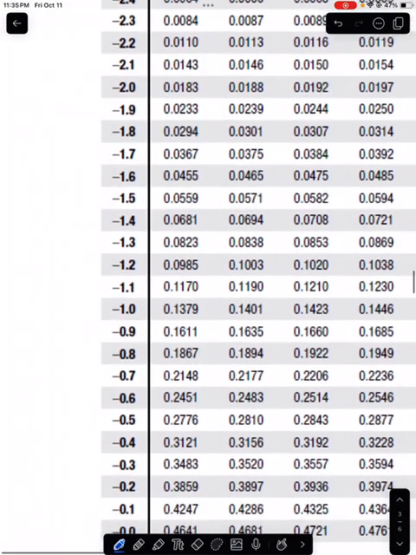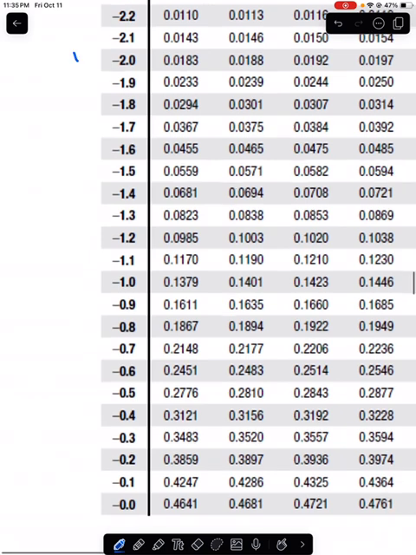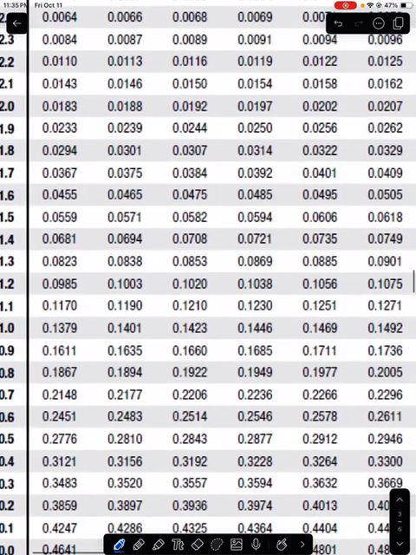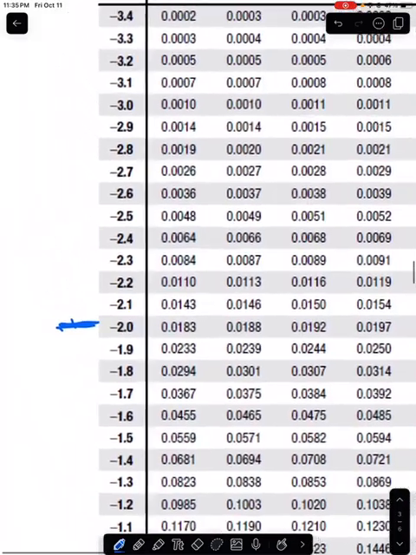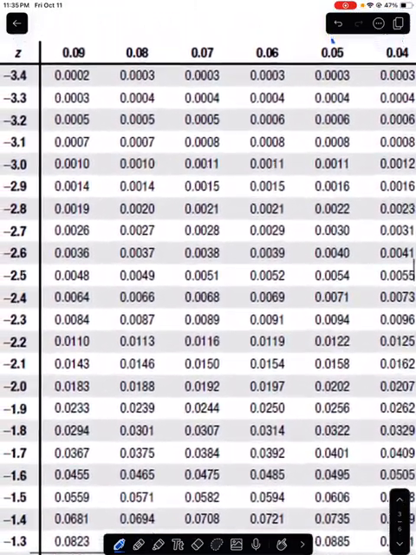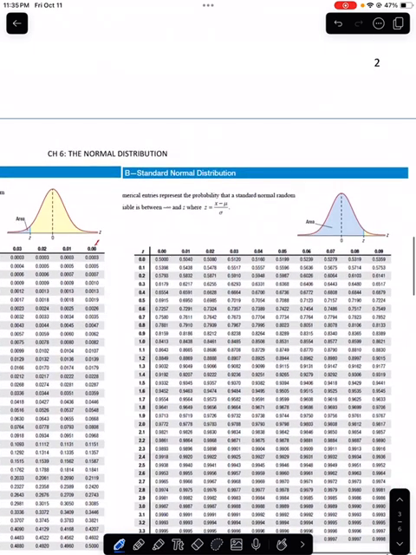This is negative 2.0. And then we have to go to 3. You should note that in the positive table, the first column is 0, the second is 0.01, so it is increasing up to the last one, 0.09. But in the negative table, it is the opposite. It decreases.